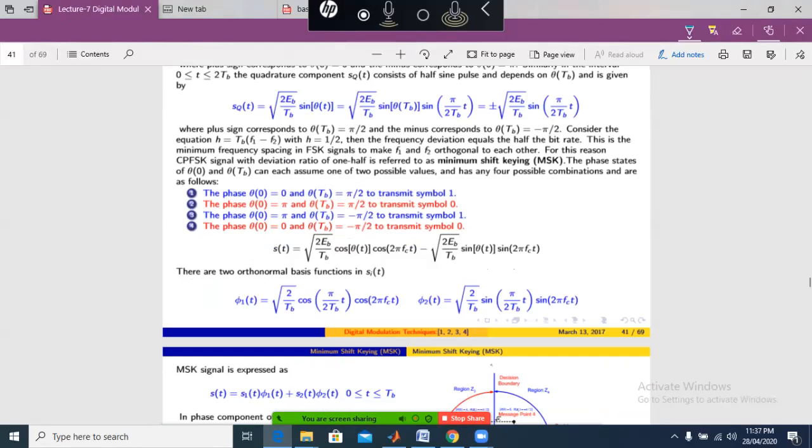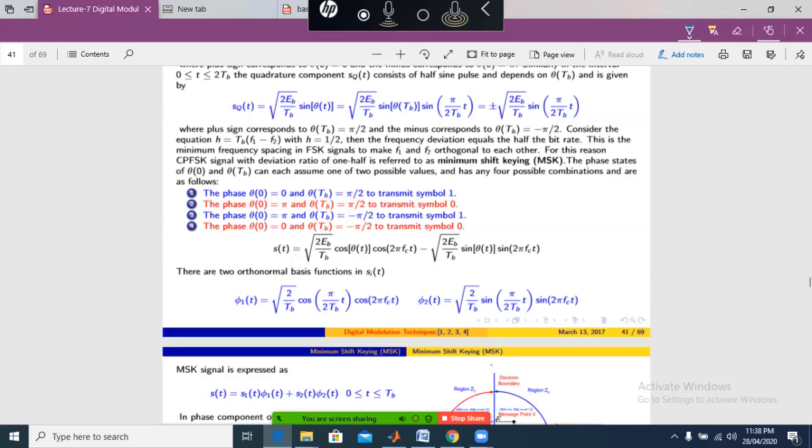These are the two basis functions which help us to correlate the in-phase and quadrature phase signals. So S of t is in fact S1 of t multiplied by phi 1 of t plus S2 of t multiplied by phi 2 of t, which will give you the value here.